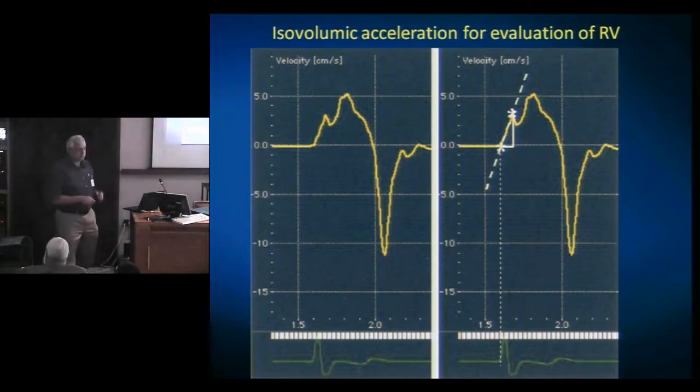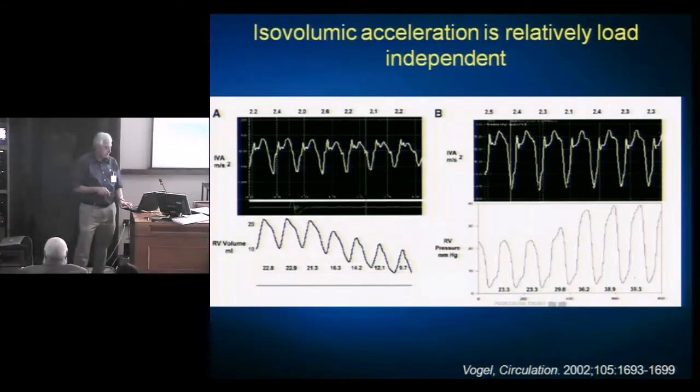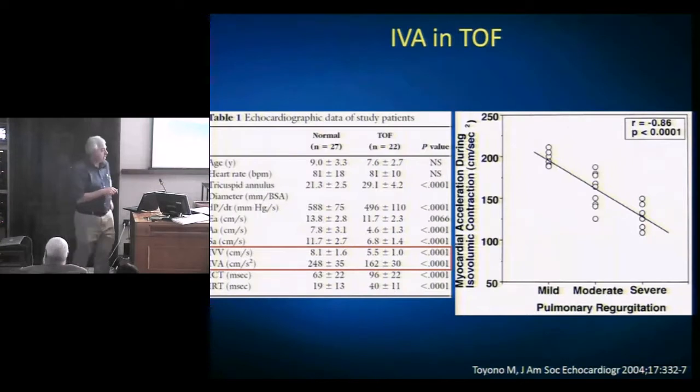We also talked about isovolumic acceleration on tissue velocities, this initial systolic deflection during the QRS complex, during isovolumic contraction, that is relatively load independent. And indeed, in Tetralogy of Fallot, the IVA, the isovolumic acceleration, is quite decreased.